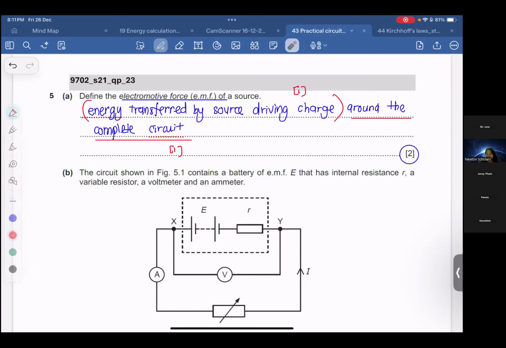For me, it's more complete. If it were potential difference, the answer would be energy transferred in driving 1 coulomb of charge across the component, or from one point to another point. So the second part is different.